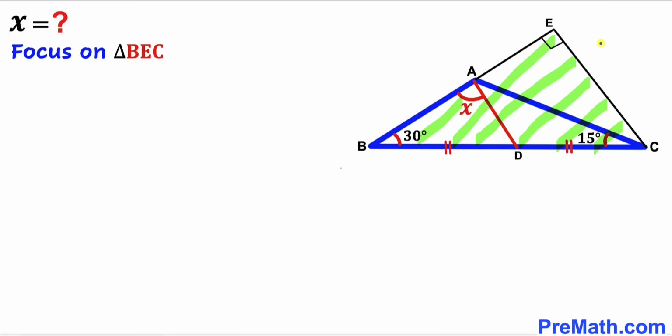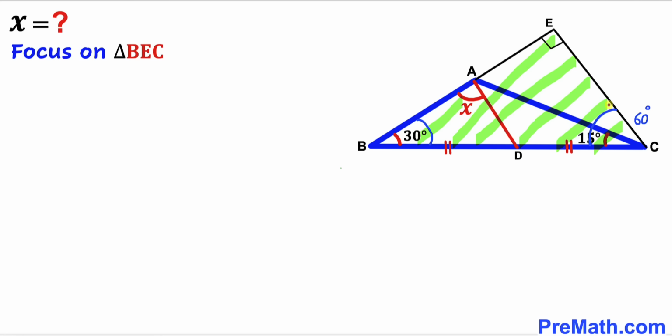Now let's focus once again on this big right triangle BEC. We know this angle is 30 degrees. This angle is 90 degrees. So this whole angle has got to be a 60-degree angle. Now let's make an observation. We know that this whole angle is 60 degrees and this tiny angle is 15 degrees.